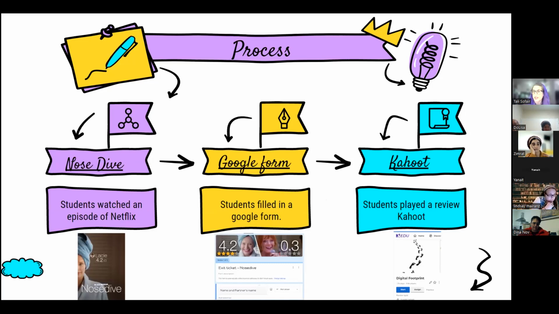Okay, so afterwards, after we did the first unit on the digital footprints, we went into a Netflix episode called Nosedive. And the episode talks about what would you do if you lived in a society that everything was based on ranking. So it still is to do with media and social media and digital footprints. And then afterwards, they had another form that they had to fill in to process the episode that they watched.